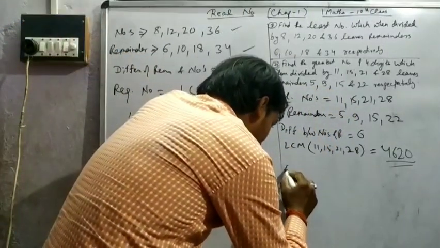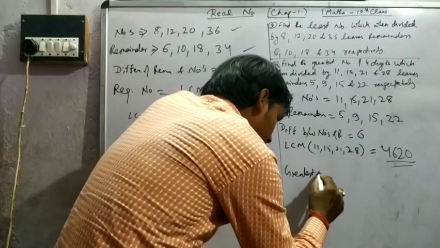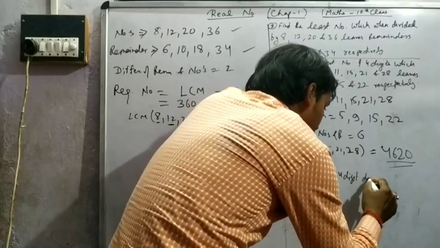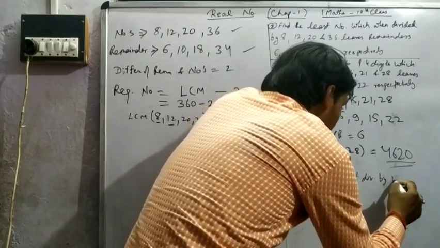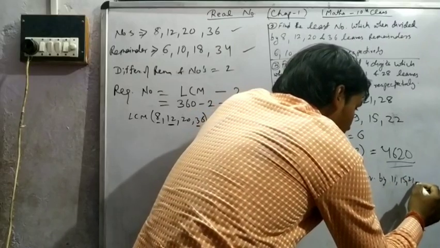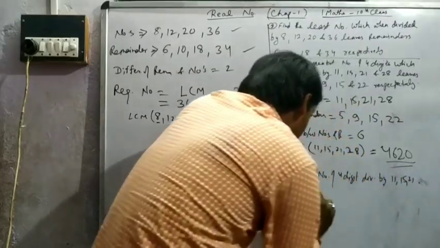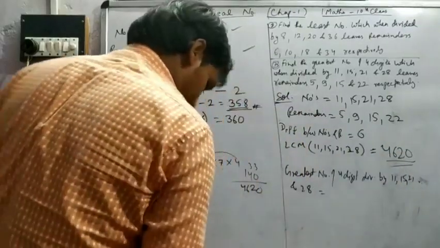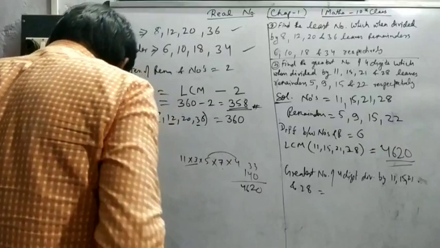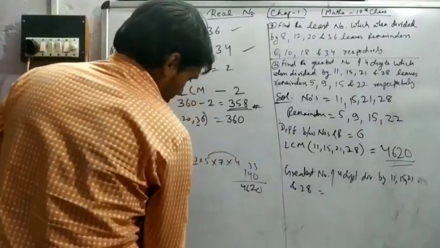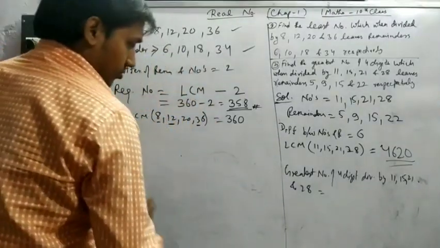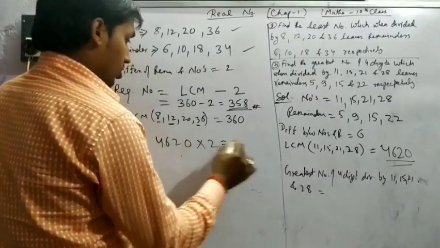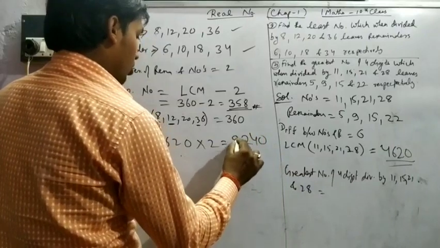So the greatest number of 4 digits divisible by 11, 15, 21 and 28: if we take 4620 into 2, what do you get? 9240.